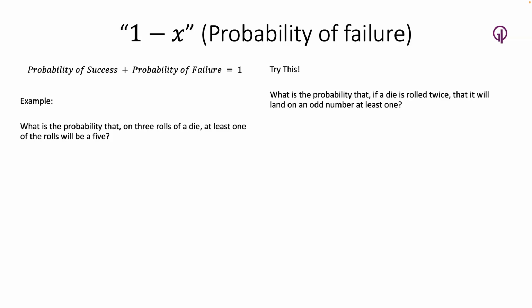Now, if there are many individual events, combining the probabilities of all the individual events may be tedious and time consuming. So in such an instance, the probability of the desired event not happening may be much easier to calculate.